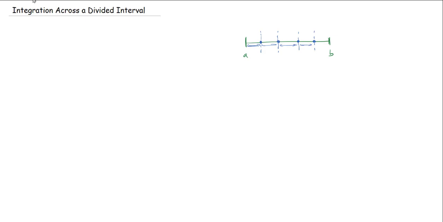All right, so our theorem is about how we integrate across a divided interval. I'm going to start with a bounded function on a closed interval, and then I'm going to take some point in between A and B, so it's not going to be on an endpoint. So C will be in the open interval AB.